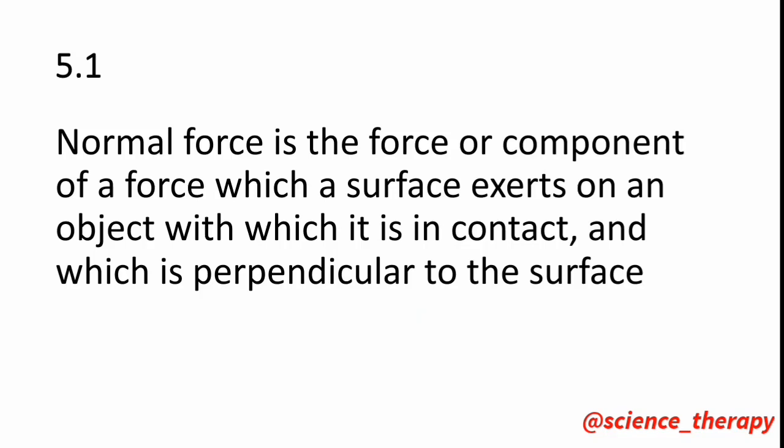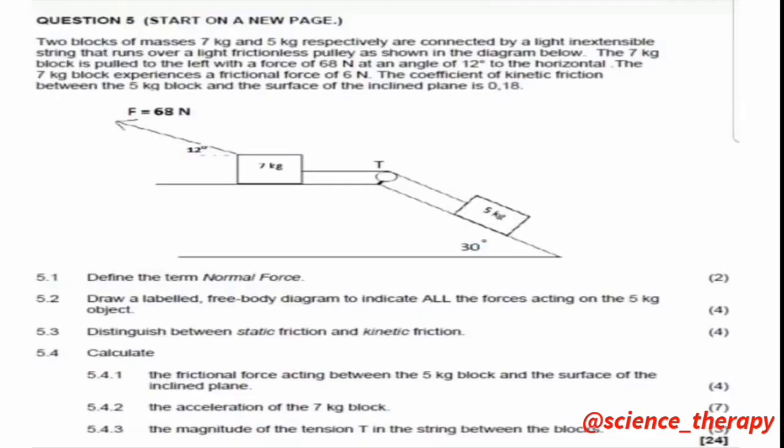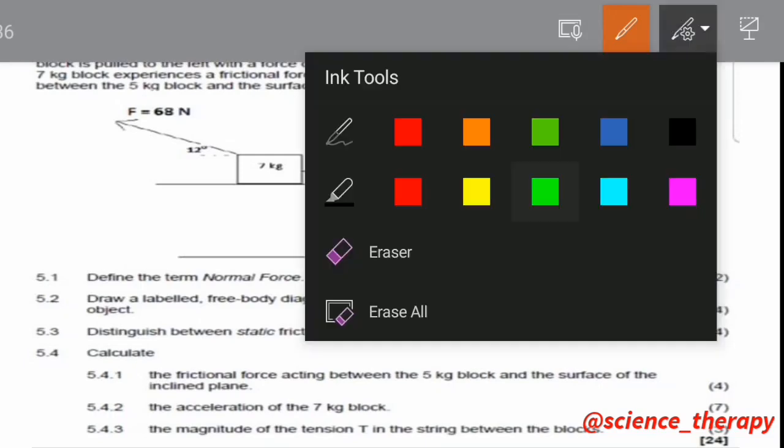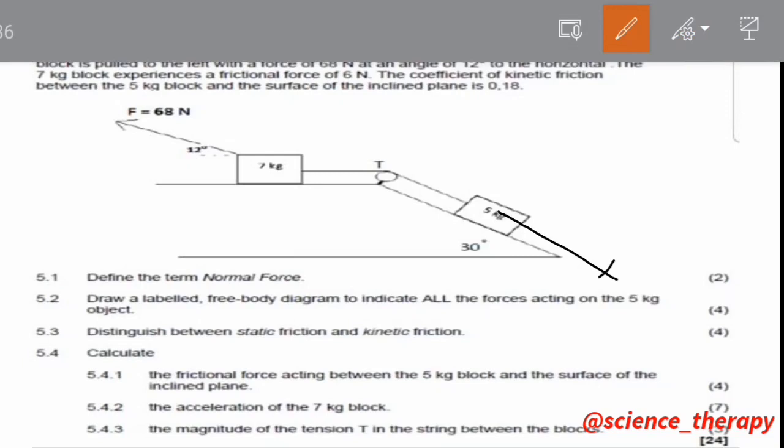Now we have 5.2. It says draw a labeled free body diagram to indicate all the forces acting on the 5 kg object, and we are given 4 marks. 4 marks means 4 forces. So let's check. What are the forces that we have there? We know sliding down the incline, we have our FG parallel, and perpendicular to that we have FG perpendicular.